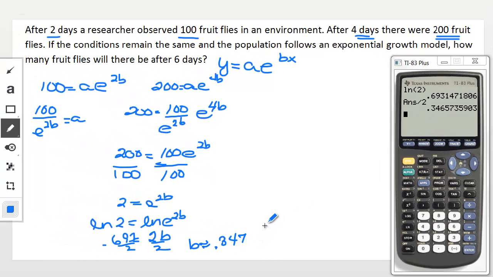And if b is about 0.347, then 100 over e to the 2 times 0.347 will be equal to a.